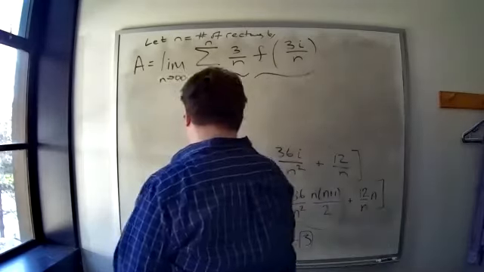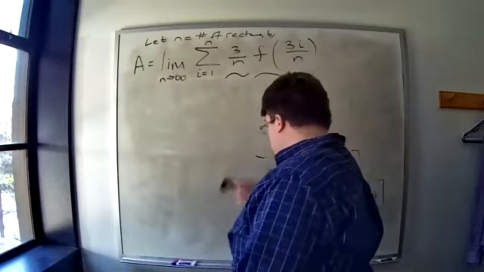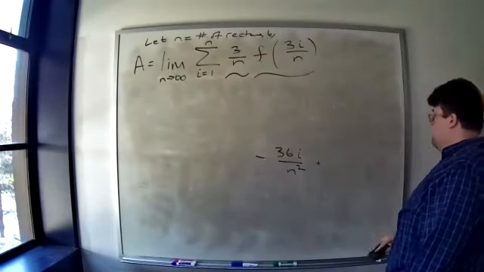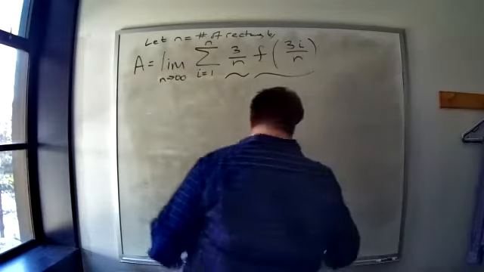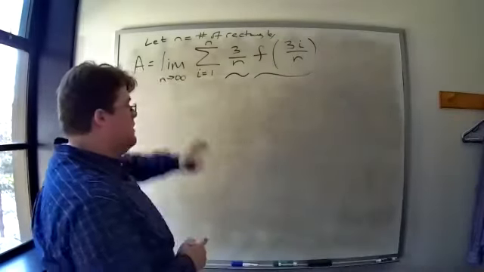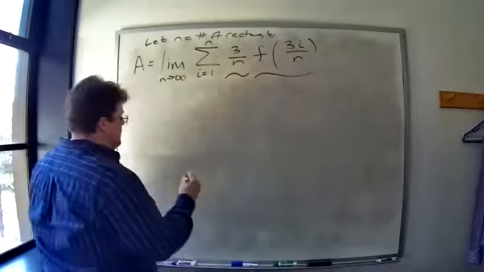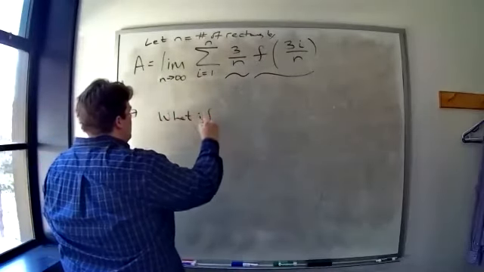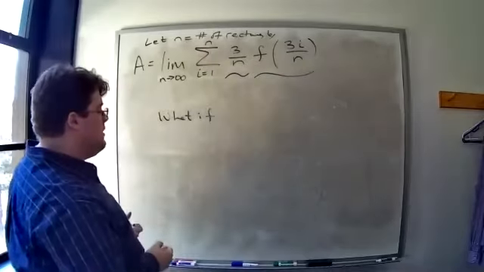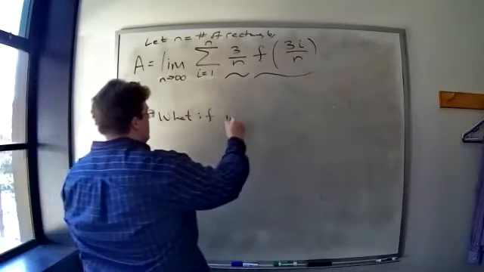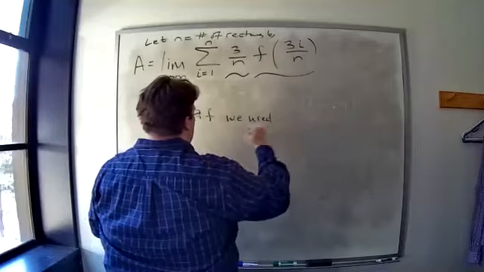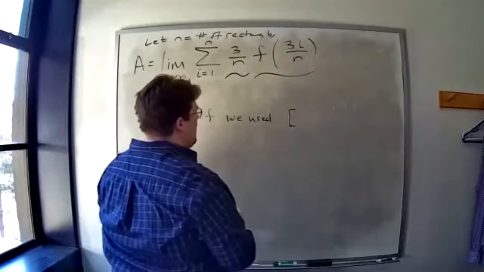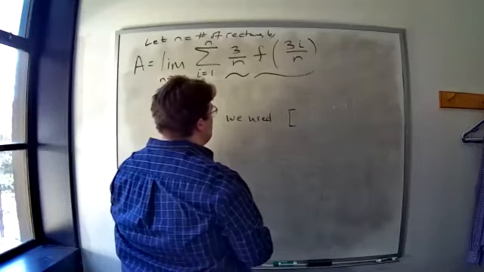If you compare this one to the one we covered in the notes, the formula looks slightly different. In particular, that last part of the formula looks slightly different. What if instead of the interval 0 to 3, we used the interval, let's still make it length 3.